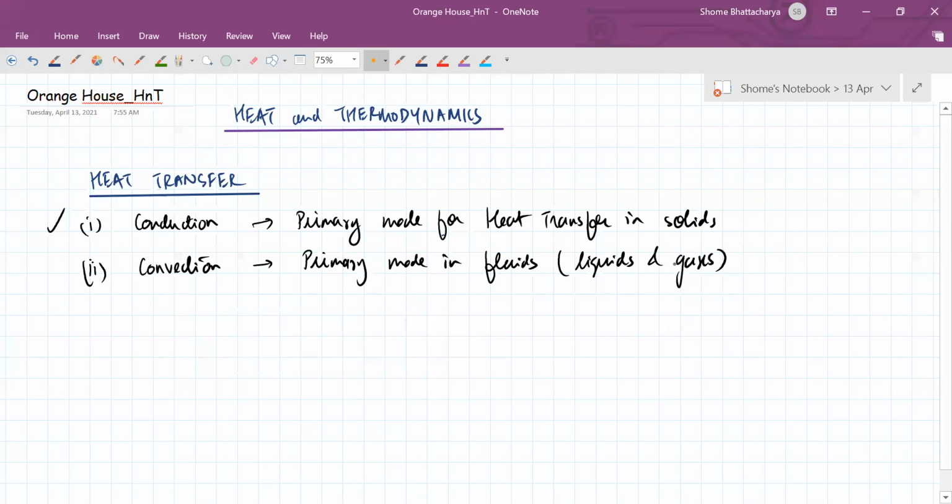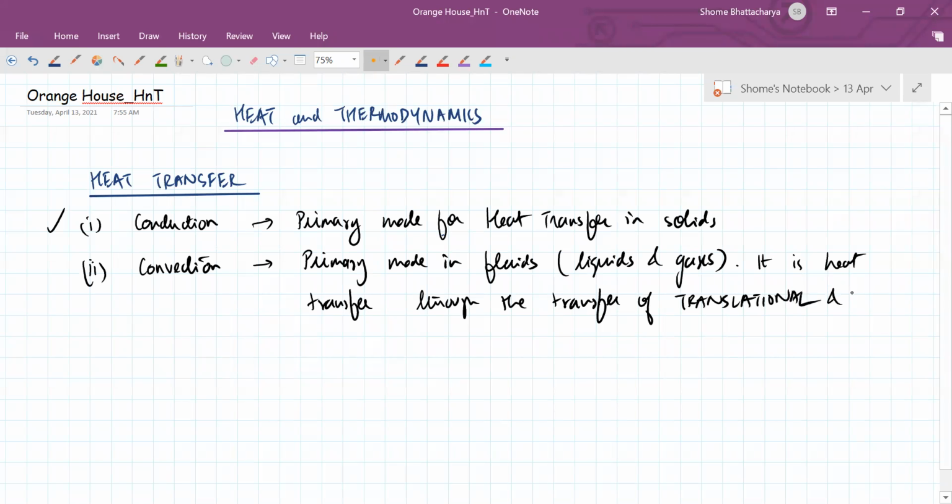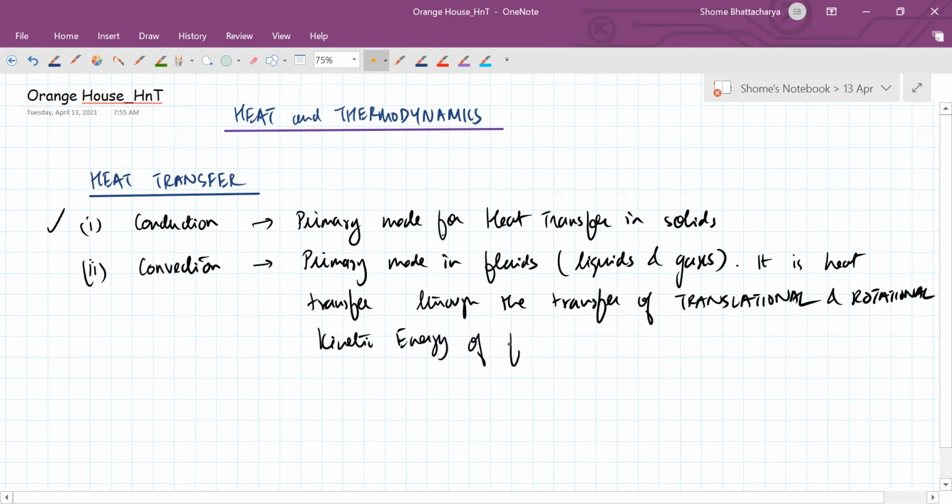Okay, so in the case of convection, it is heat transfer through the transfer of translational and rotational kinetic energy of fluid molecules.